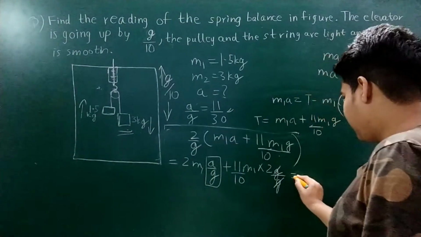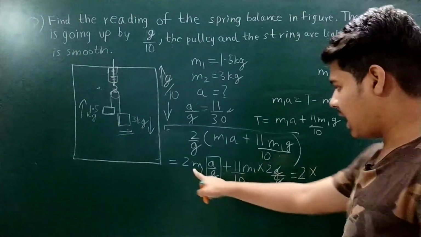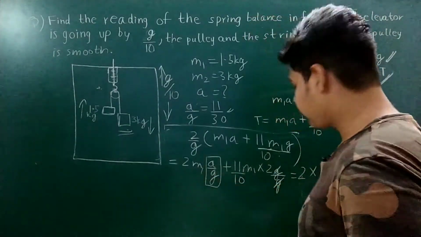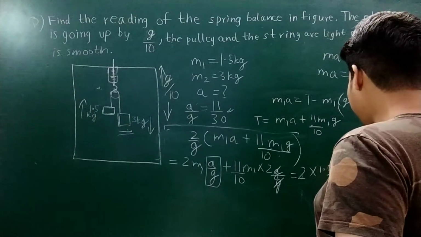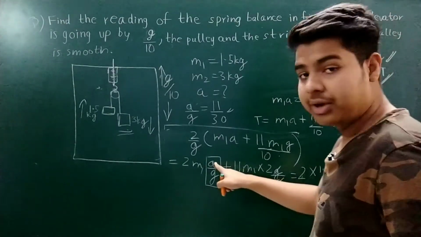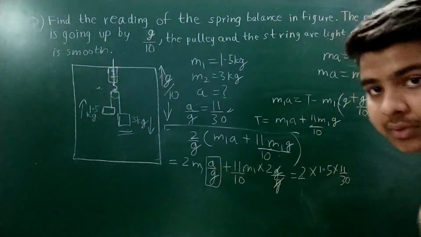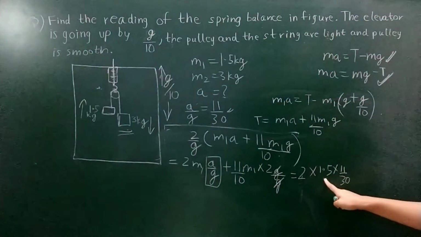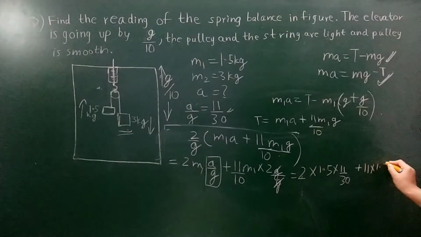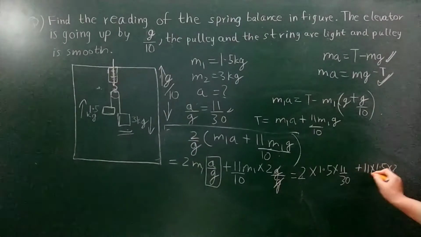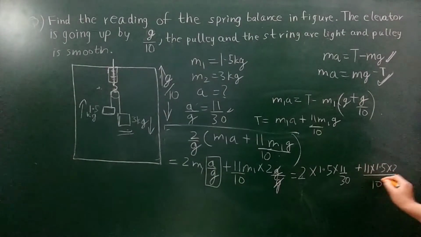So on further solving, we get 2 into the value of M1, which is 1.5, into 11 by 30. That is the ratio of A by G. So I write 2 into 1.5 into 11 by 30 plus 11 into 1.5 into 2 upon 10.